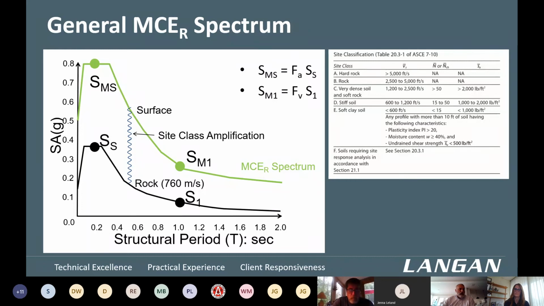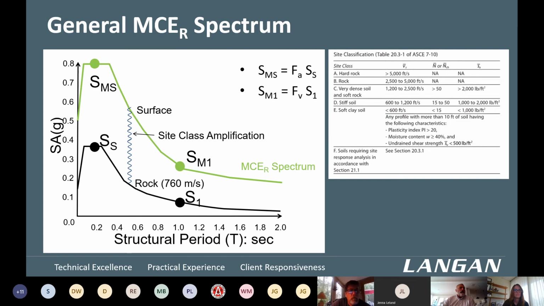You go from the mapped values that are shown here in terms of the dark black curve, with solid black circles, S sub S, which is a short period spectral value, and then 1 second, which is S1.